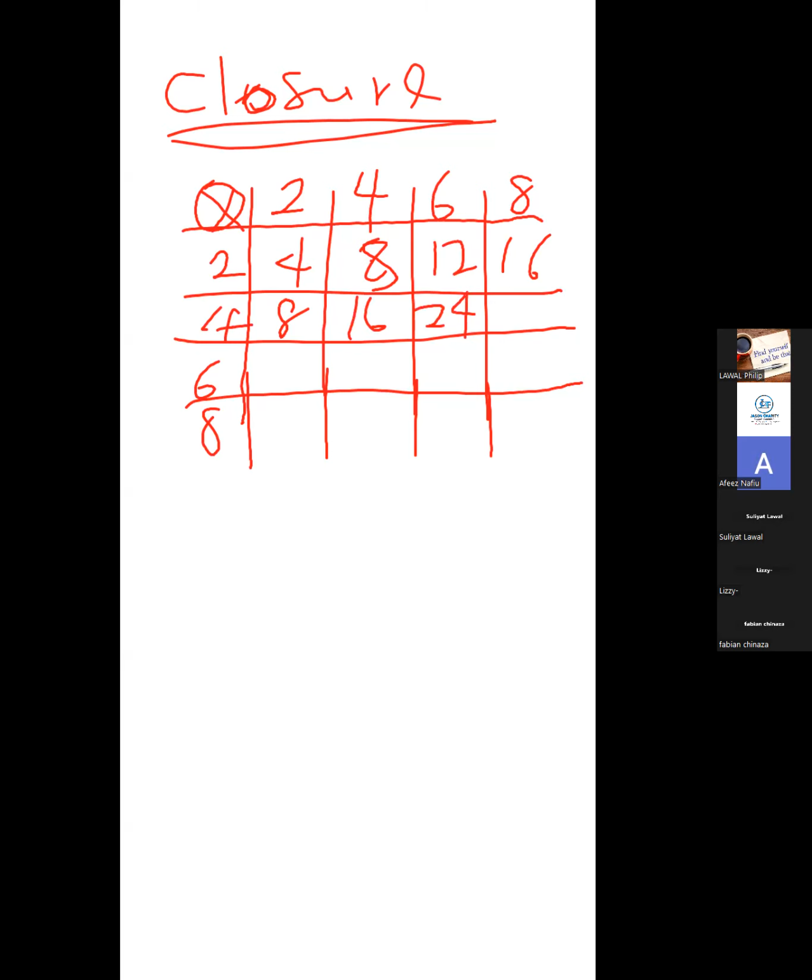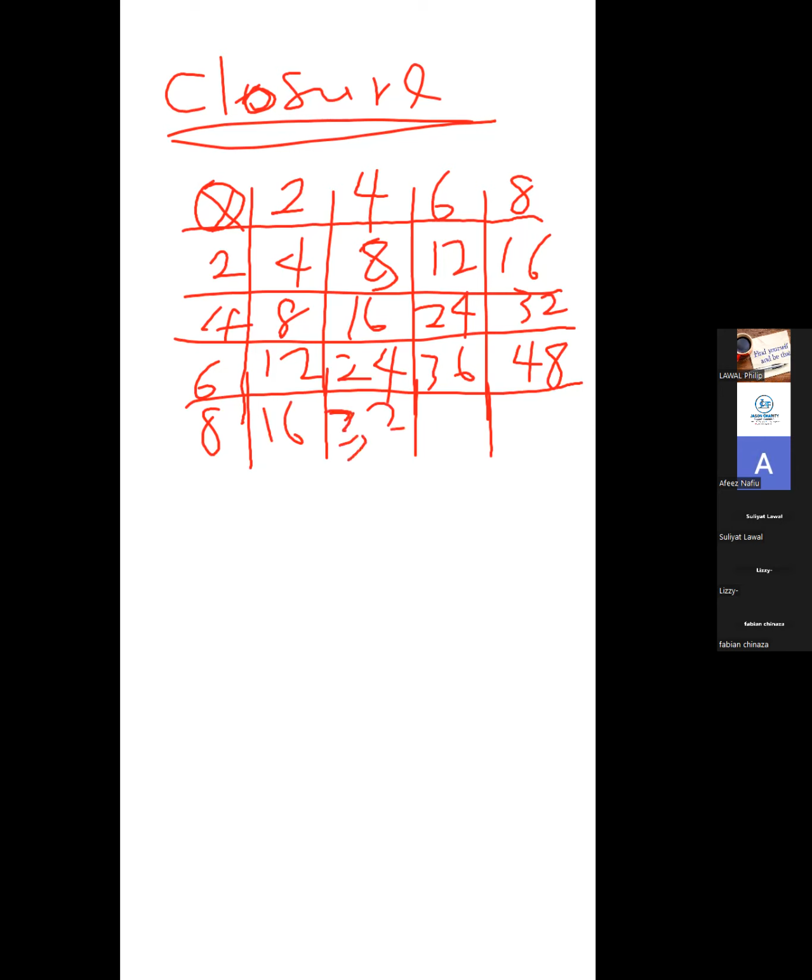And 4 times 8 is 32. 6 times 2 is 12. 6 times 4 is 24. 6 times 6 is 36. 6 times 8 is 48. 8 times 2 is 16. 8 times 4 is 32.